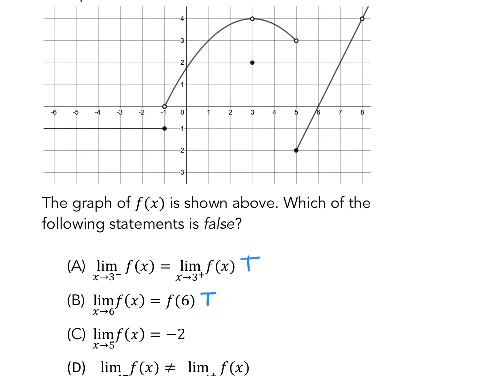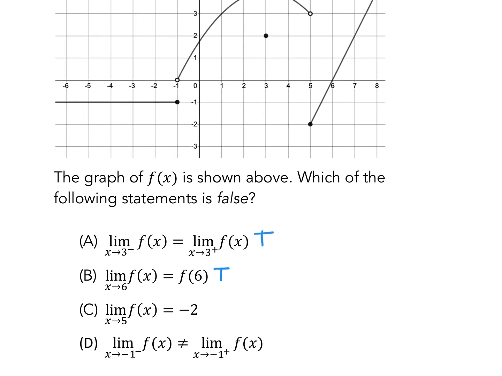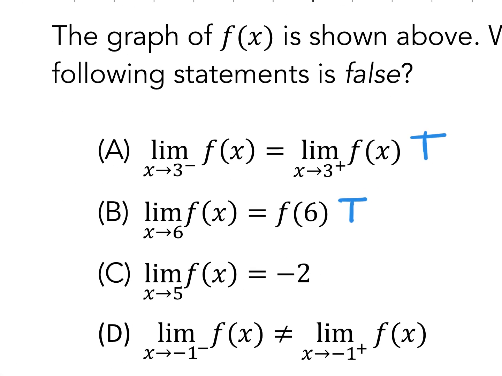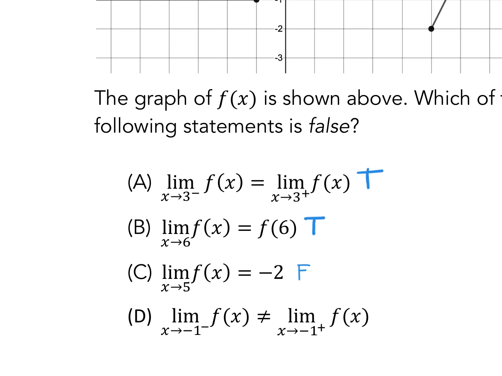All right, and then the next question, does the limit exist at 5? No. The implication here, without the plus or minus, is that the left and right have to both match that value. So there's a false value. Now, that doesn't mean that's the only false value.